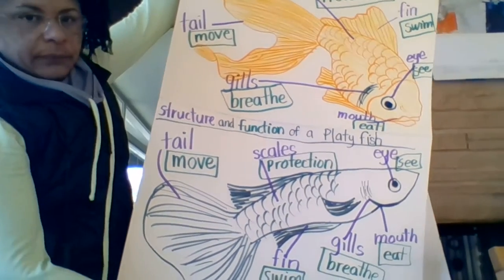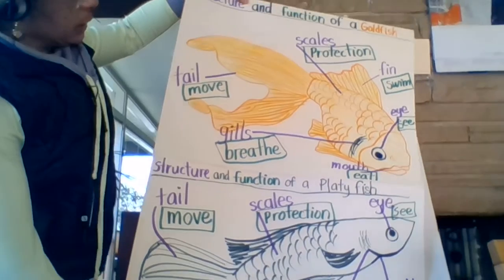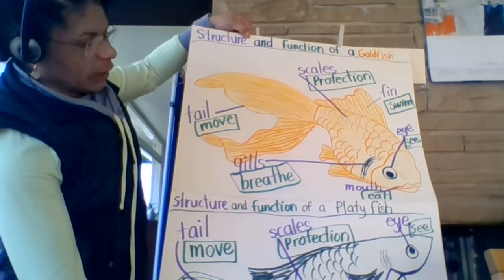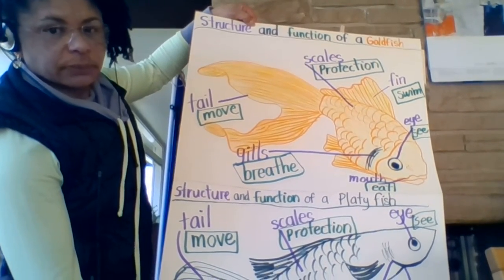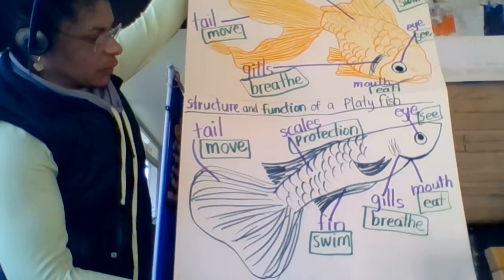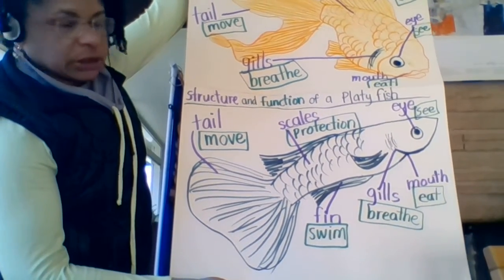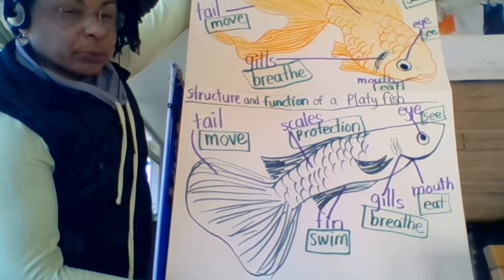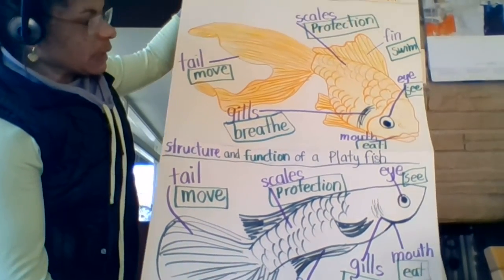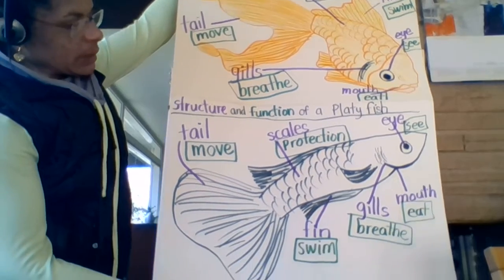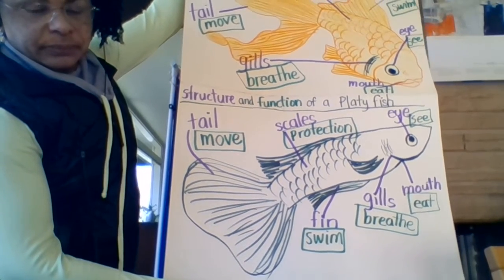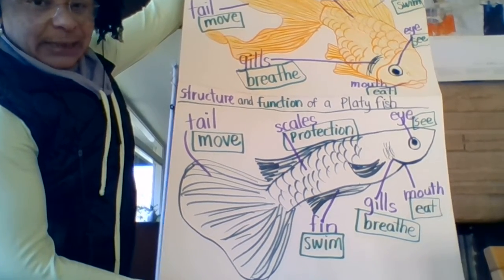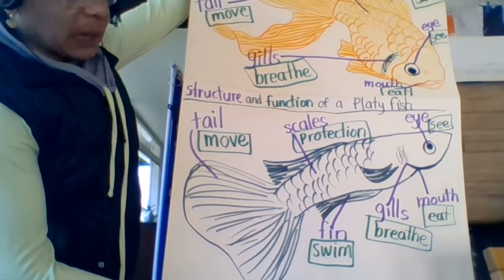We have the structure and function of a goldfish, and we have the structure and function of a platyfish. Start thinking in your private brain, what's the same? What's different? And in the next section, we'll be talking about that.